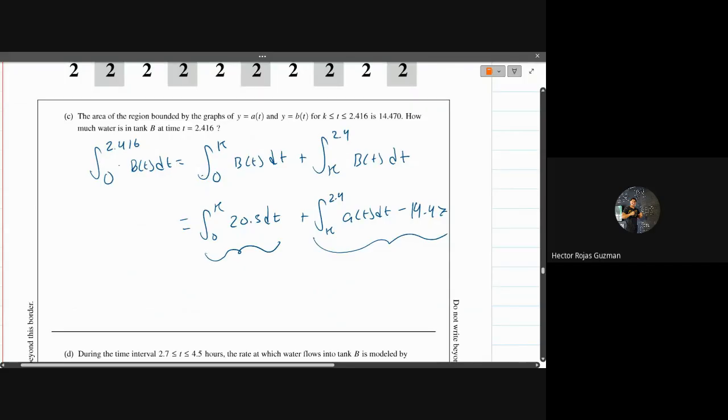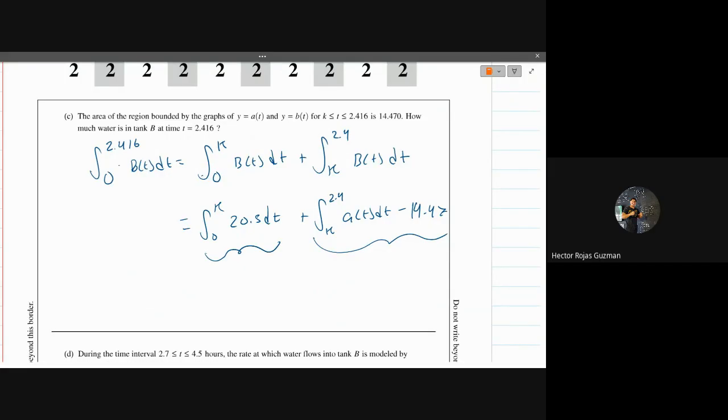Maybe I should just talk through this since I already have my work. That way I don't have to erase it. The area of the region bounded by the graphs is 14.470. How much water is in tank B?